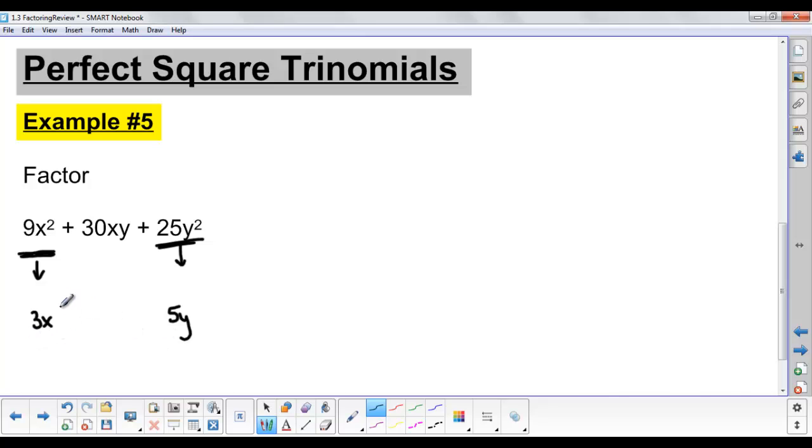You're going to take the square root of the first term, multiply it to the square root of the last term, so 3x times 5y gives us 15xy, and then multiply it by 2, which gives us 30xy. And now take a look. That ended up being our middle term.